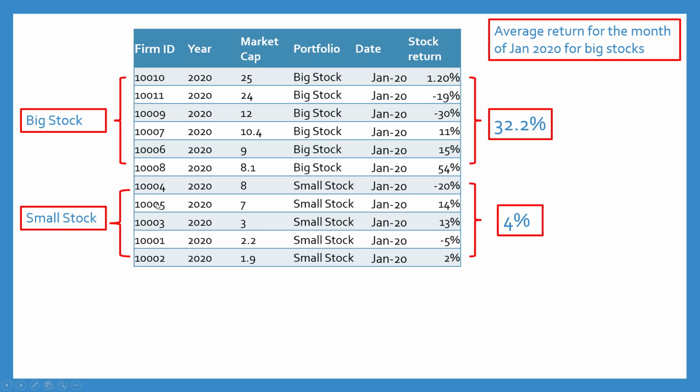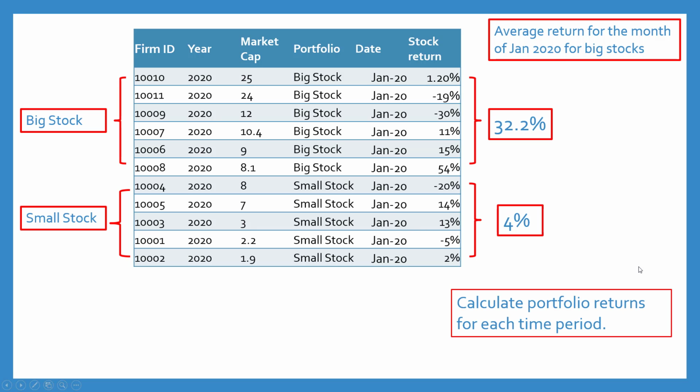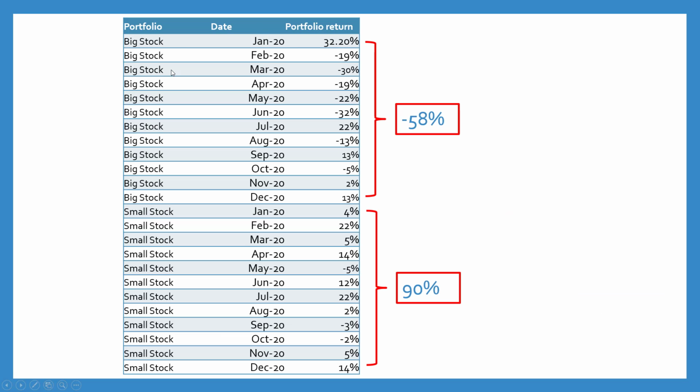We do the same for small stocks. And so we calculate the portfolio return for each time period. This is how our data would look. We have big stocks, with this time series data, and for each month we have the portfolio returns. The same goes for the small stocks. We have the time series data, and for each month we have the portfolio returns.